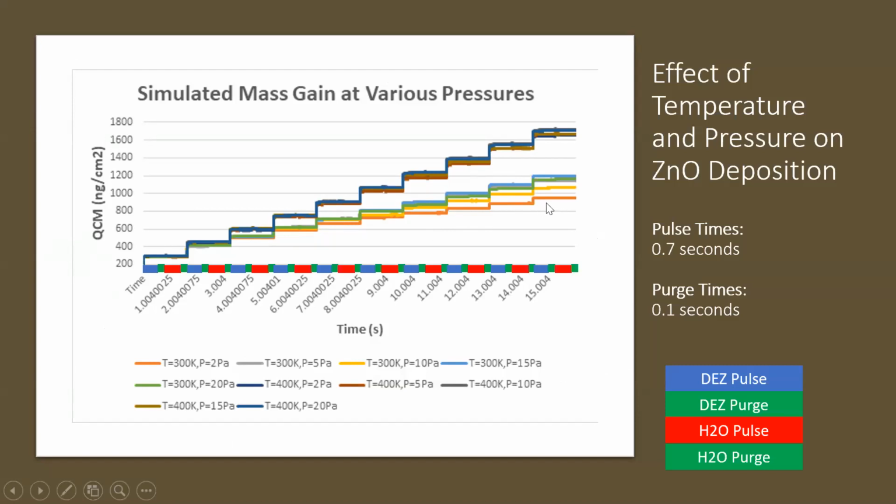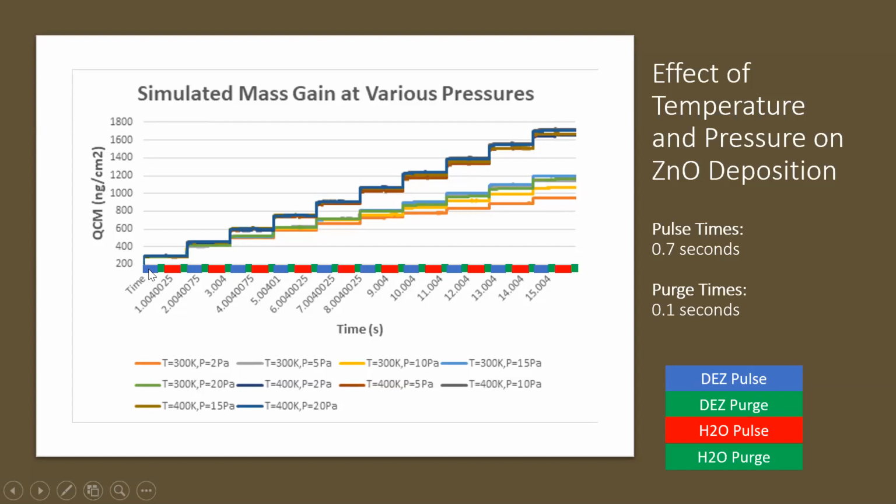I ran several different pressures for each of these temperatures, and we can note that for the higher temperature, pressure really didn't matter. For the lower temperature, pressure did matter. We saw more of a range in answers and ultimate mass when we use a lower temperature.